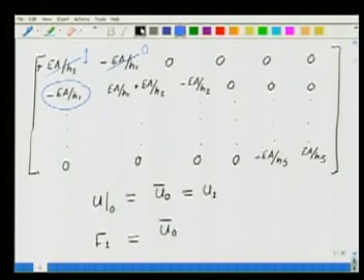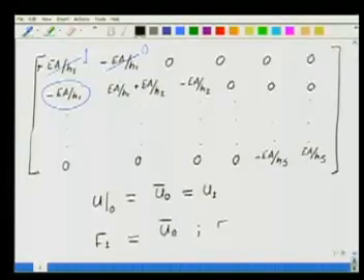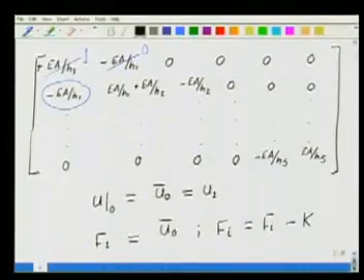So what we do next is, for all other equations, that is for i equal to 2 and more, we will put Fi is equal to the original Fi minus K. Which entry are we looking for?